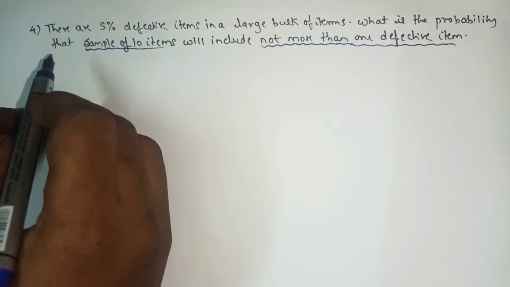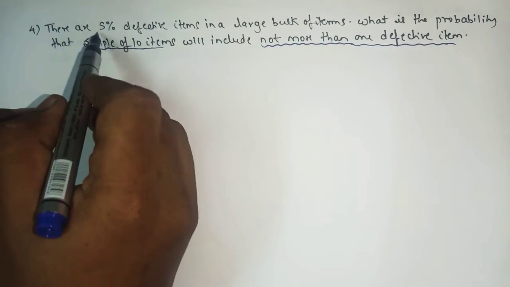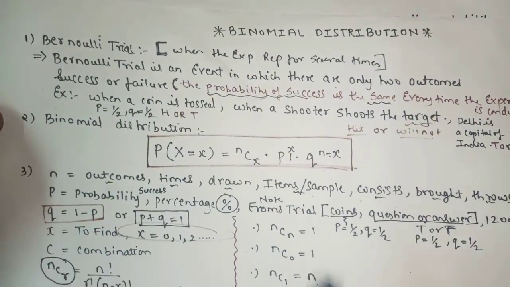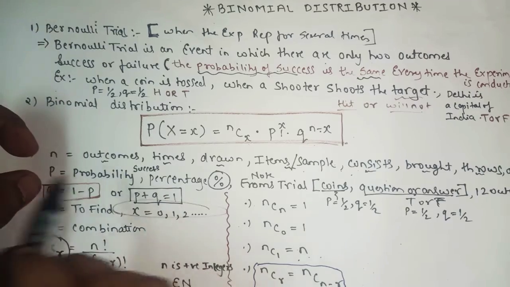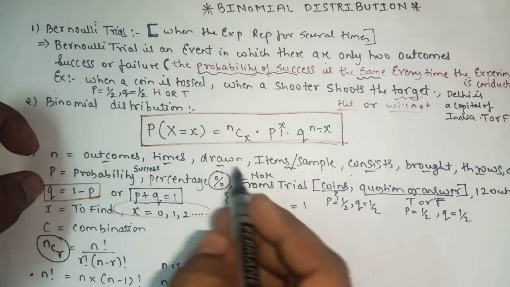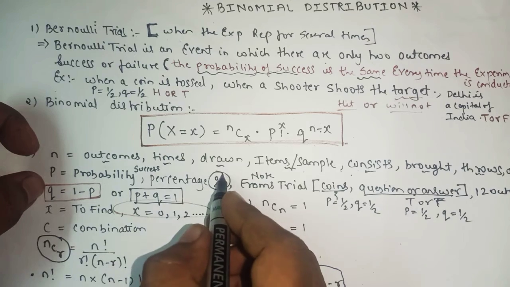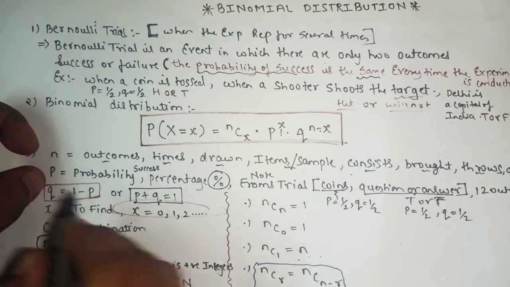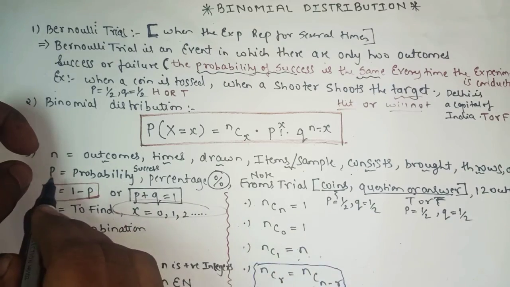Now remember this. There are 5%, as I had also explained: whenever the word percentage, probability, success, or the percentage symbol comes, that particular number is a value of p.